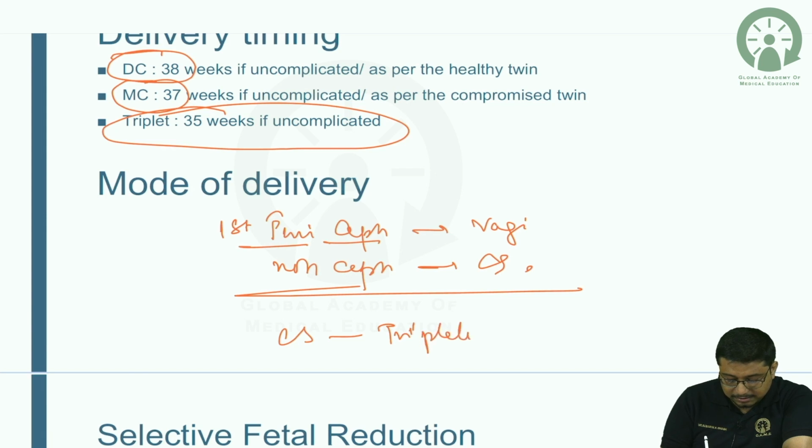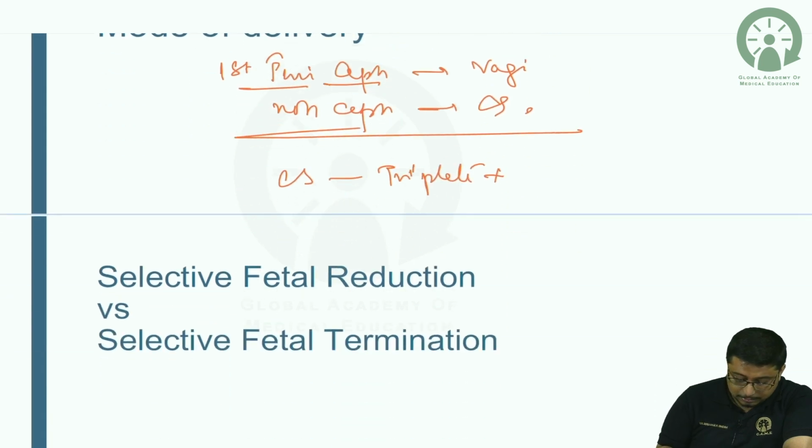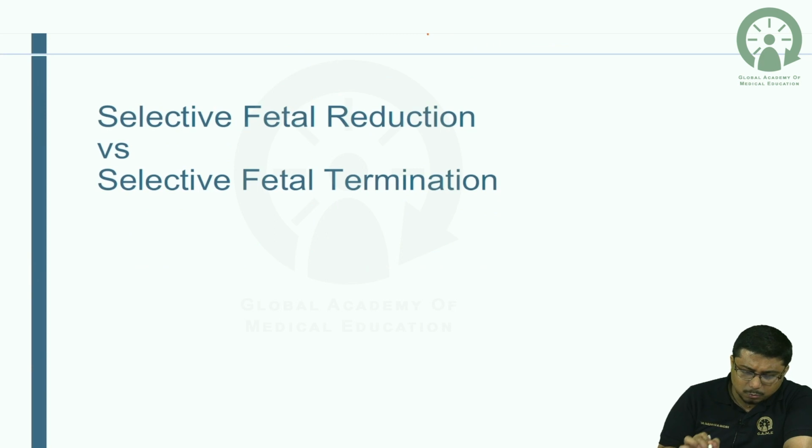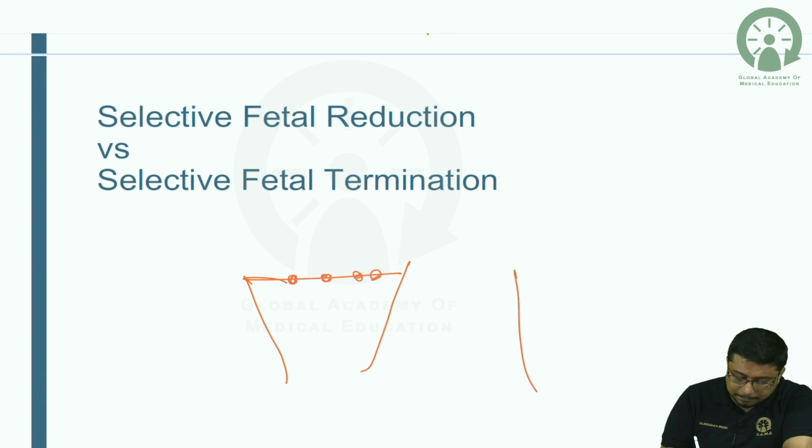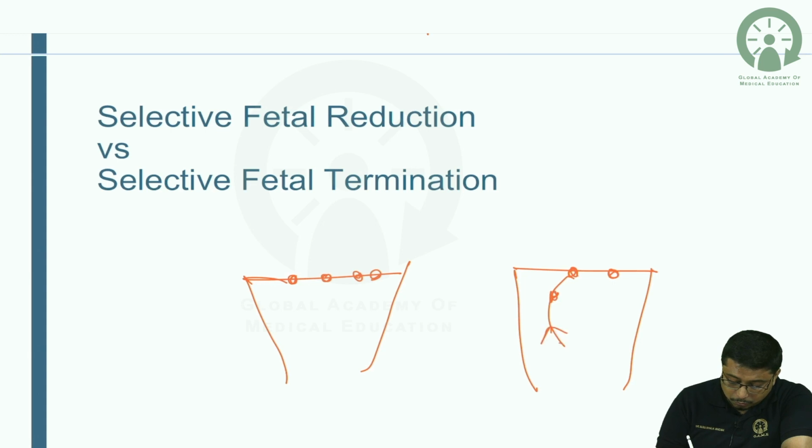Triplets or onwards. Okay. Just two terms, selective fetal reduction and selective fetal termination. When IVF is done, sometimes multiple embryos are implanted. So suppose 4 are implanted. Just imagine, now these two grown bigger, and this one found to be having Down syndrome.